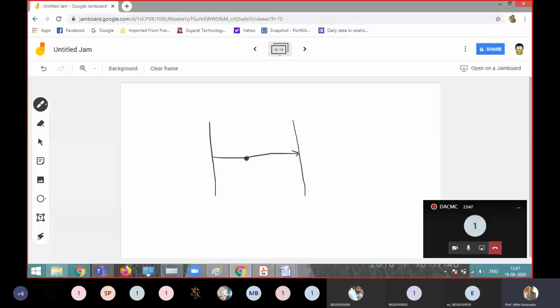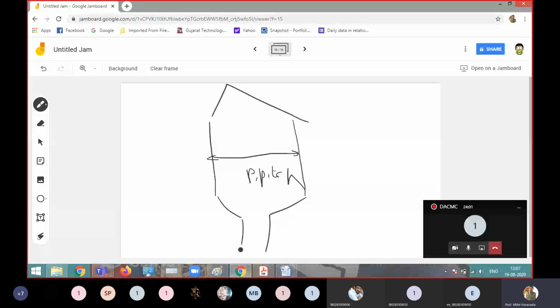If it is a full pitch, the distance you keep is the pole pitch, that is the number of slots per pole. According to what I just said, you keep this distance and then make this full pitch winding. Clear? This is full pitch winding.